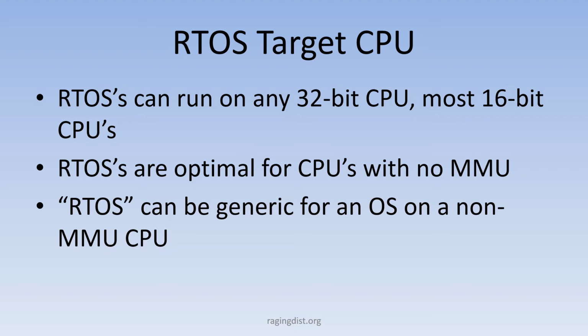So an RTOS is more sophisticated than a scheduler, and I'll talk about the difference between an RTOS and a scheduler in a following part of this series. But an RTOS is more sophisticated than a scheduler. It has context switching and other features like that. You run individual tasks, which are essentially threads.